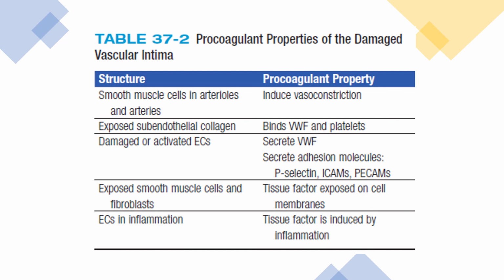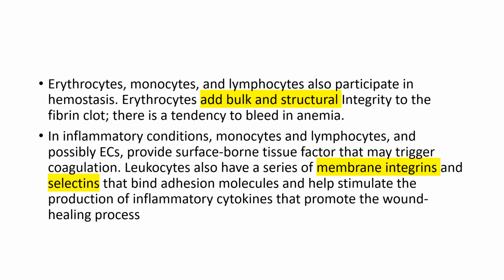And then exposed smooth muscles and fibroblasts will cause the tissue factor to be exposed. And finally, in the endothelial cells during inflammation, tissue factor is also induced. So all of these will lead to stimulation of coagulation.